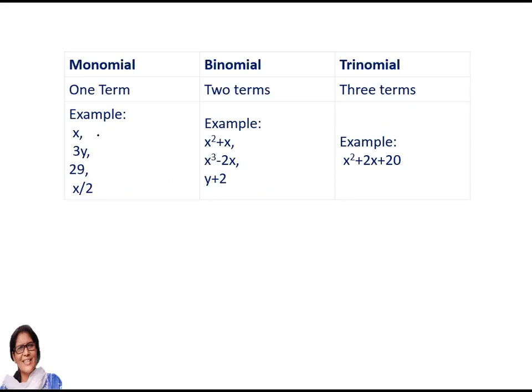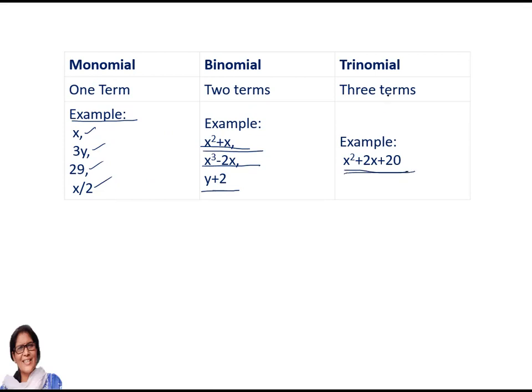Next examples. Let us take some more examples. Monomials: x, 3y, 29x by 2. Binomials are x square plus x, 2 terms are there, x cube minus 2x, 2 terms are there, y plus 2, 2 terms are there. And you must have noticed that a polynomial is in the same variable.